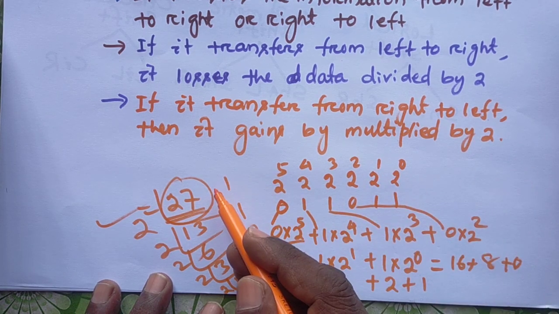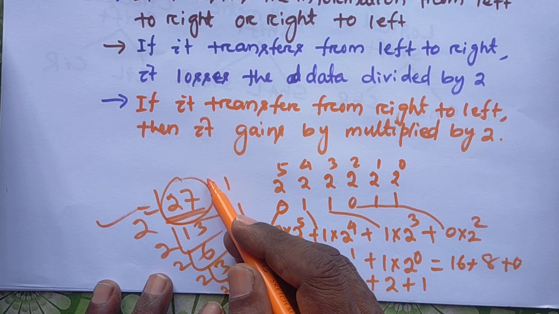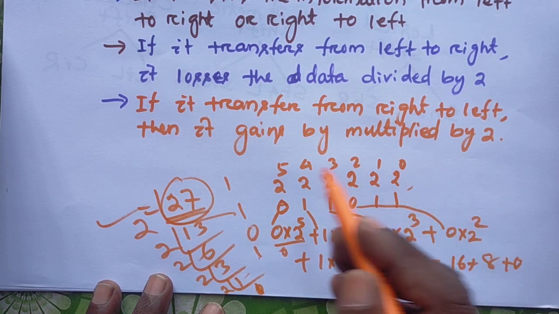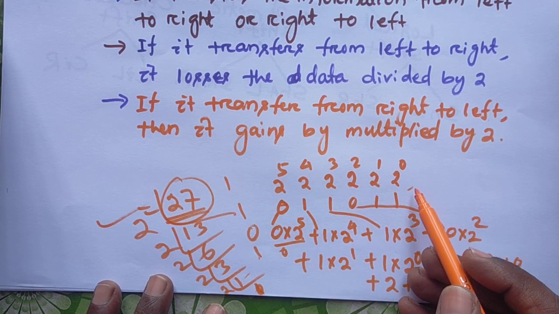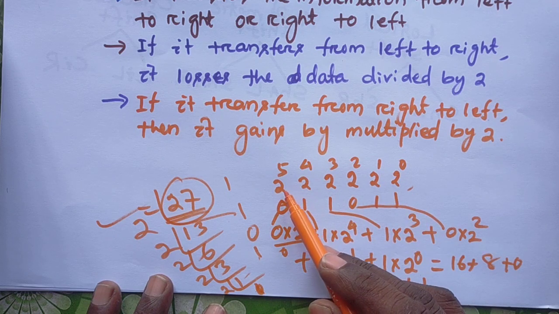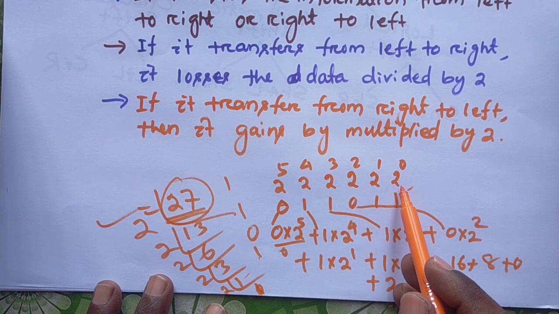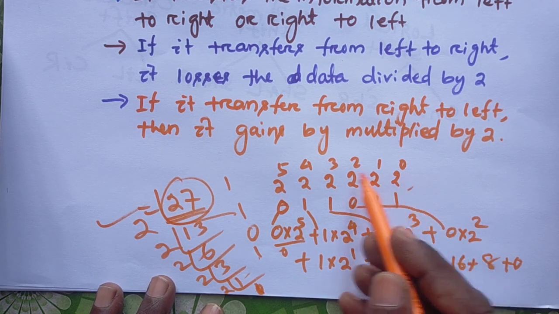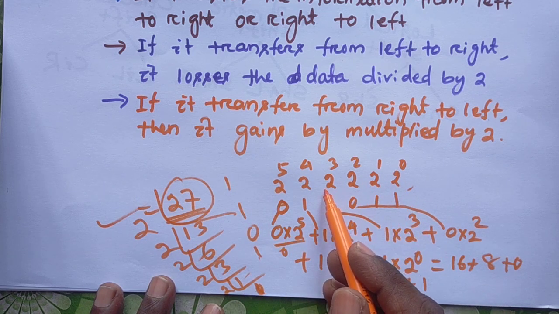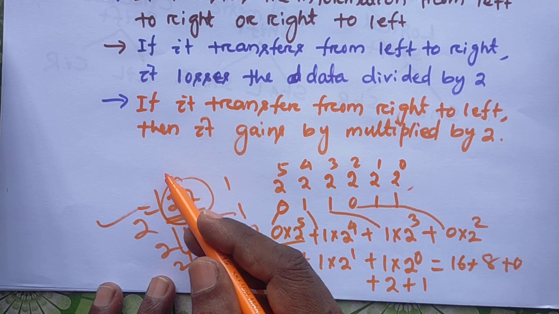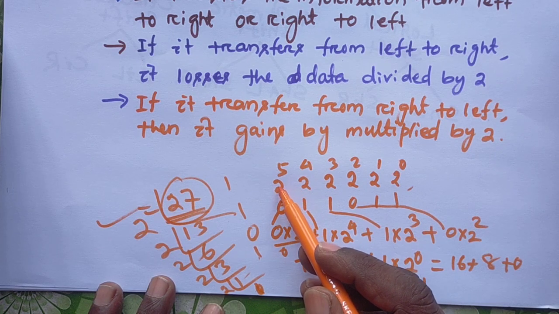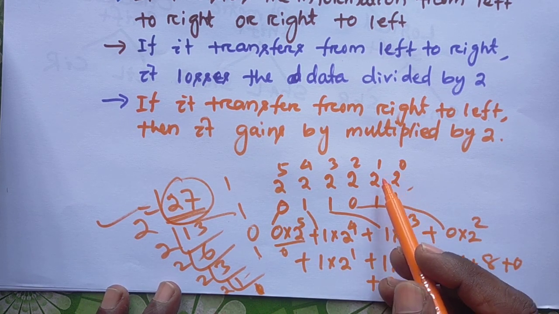If we shift from left to right, or right to left, then we add some data which is multiplied by 2. You see, whenever you go right to left, the 2 to the power some data is increasing. Whenever you go from left to right, 2 to the power something is down.